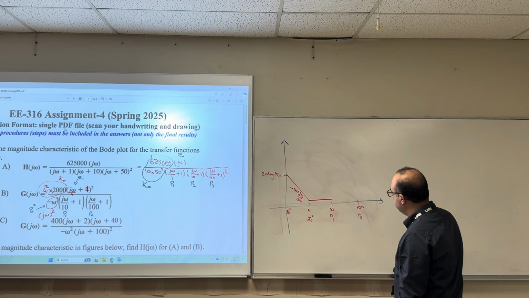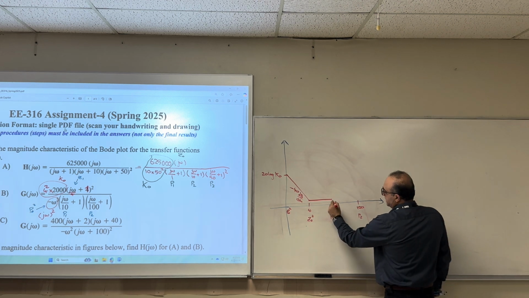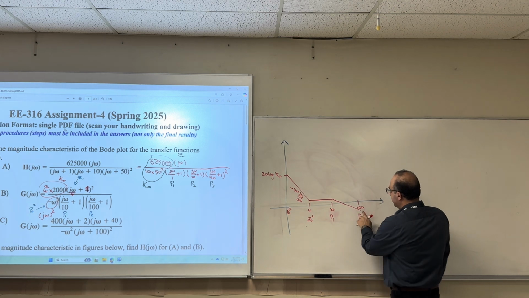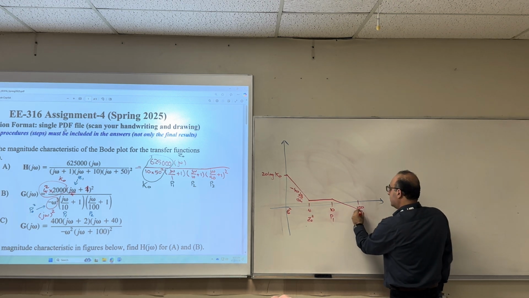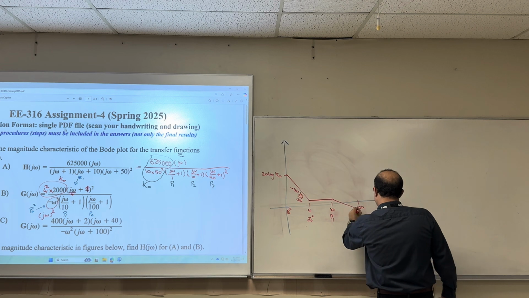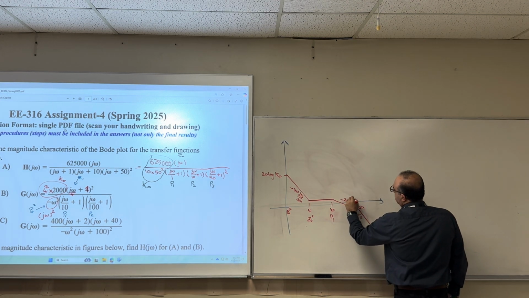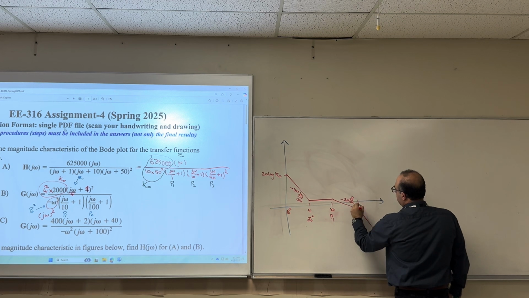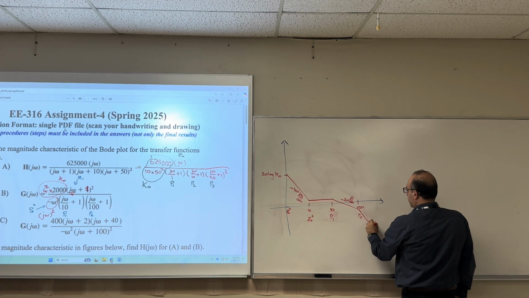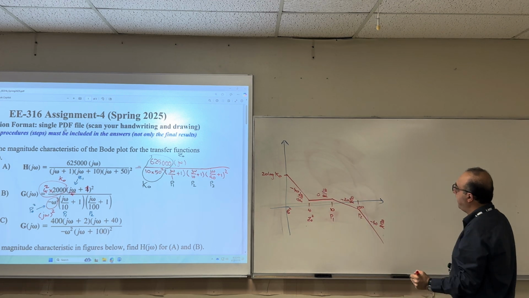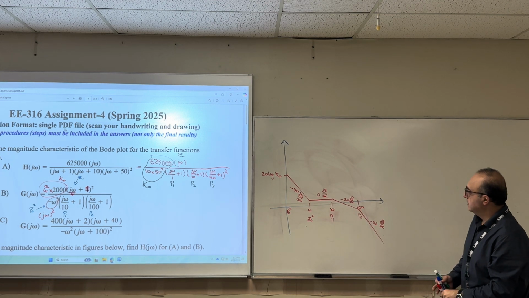After that I have one pole at this. That was minus 40, it's going to be a little bit like this. Then at 100 another pole. So this is minus 20 dB. Okay. Minus 40 dB. And this is 0 dB. It's a low pass filter.